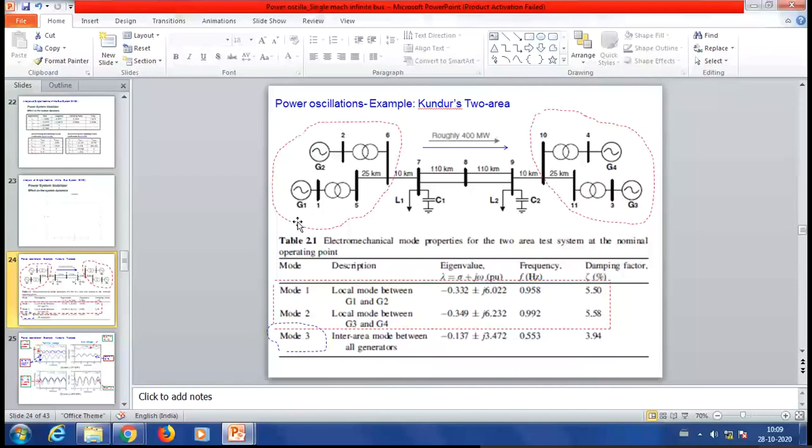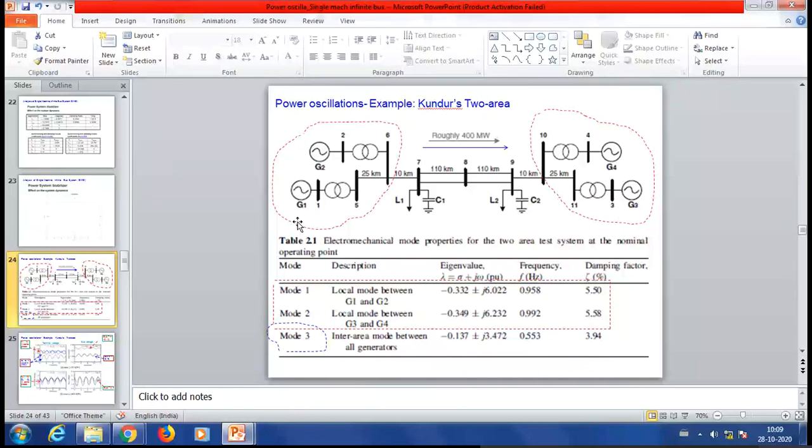In the class that we discussed last time, the topic was power oscillations, and I discussed the SMIB system, and then for a given set of parameters, what would be the property of the system response.